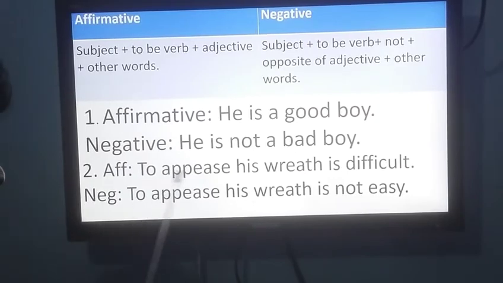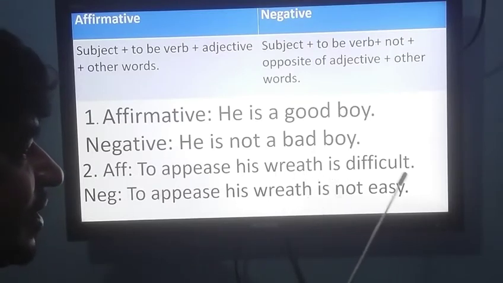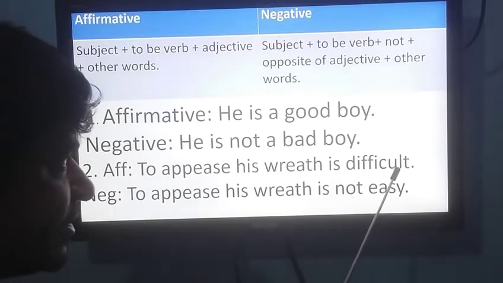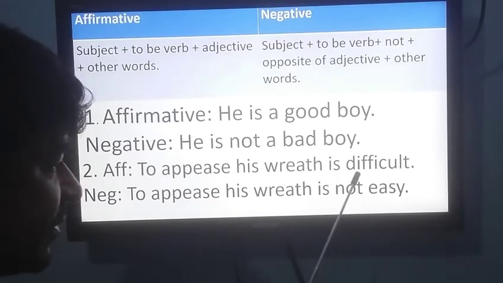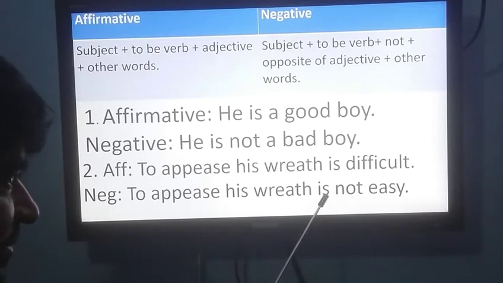Then, to appease his wrath is difficult. Here subject is to appease his wrath, then be verb is, then difficult is the adjective. So see, to appease his wrath, this is the subject, has not been changed. Then to be verb, we have used here is.